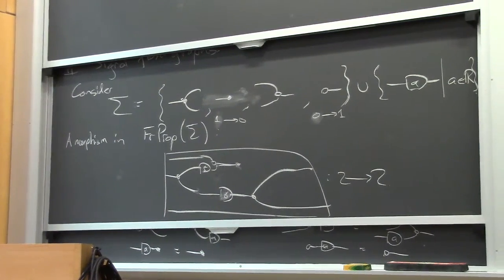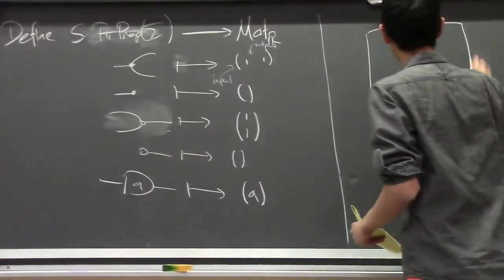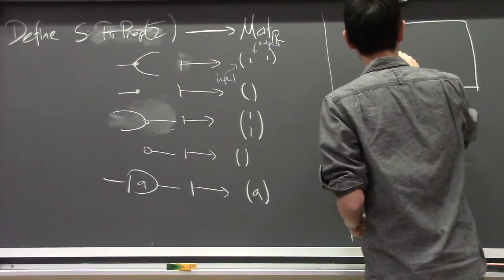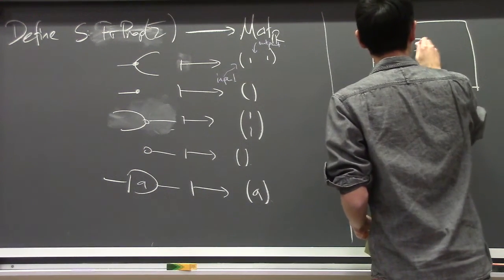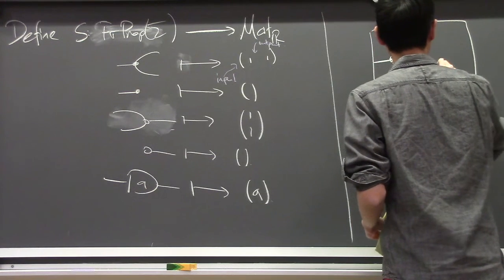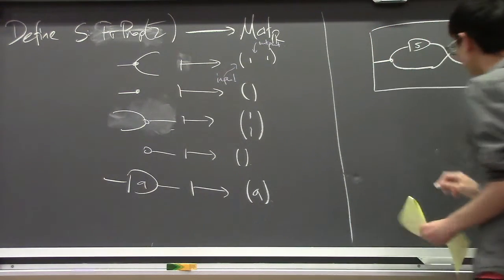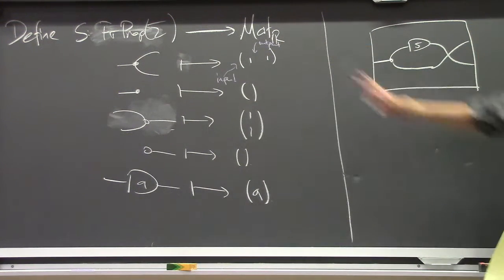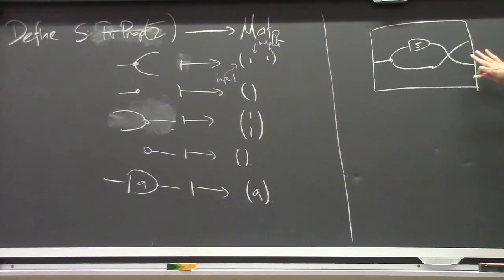Okay, so for example, let me be more precise about a morphism that I'm going to draw. I might draw a morphism that looks like this. Right. So because these things define a functor to matrices, this is a morphism in the free prop, so it corresponds to a matrix. Would you mind adding an open circle?